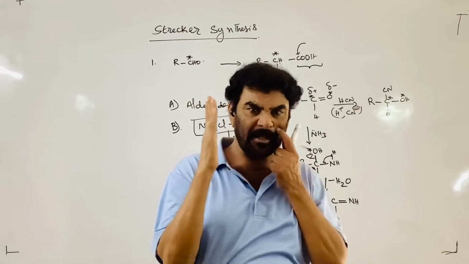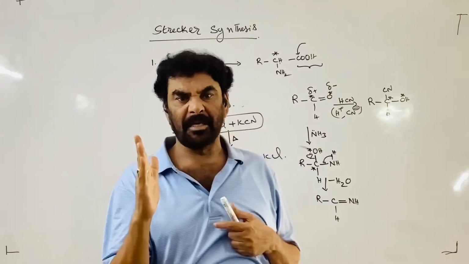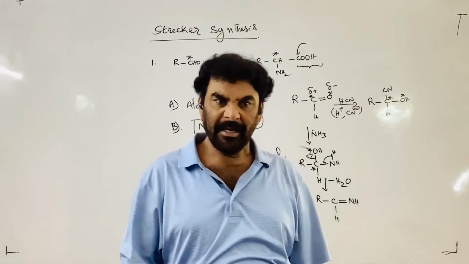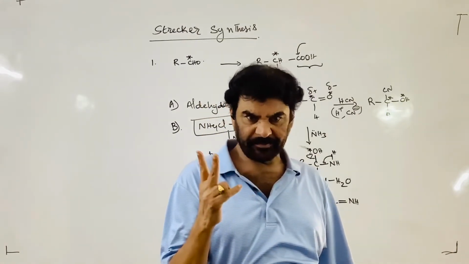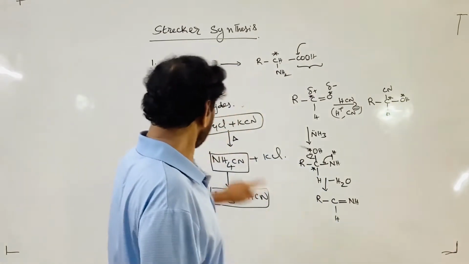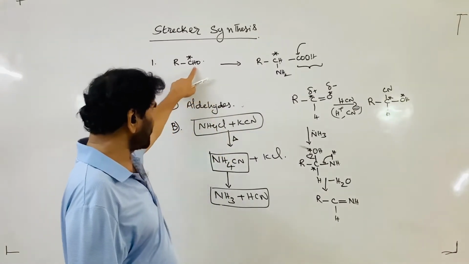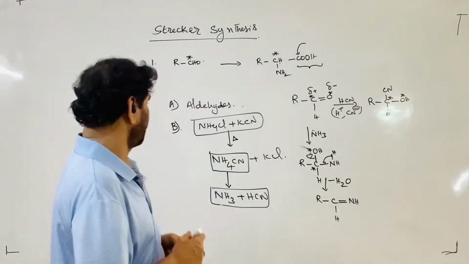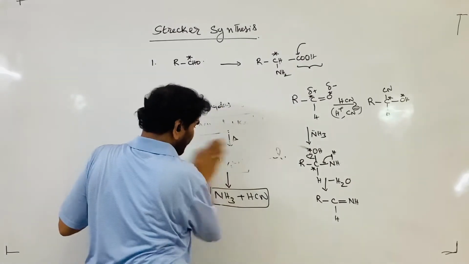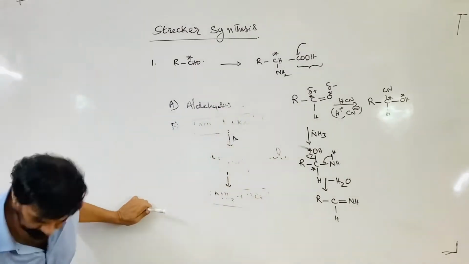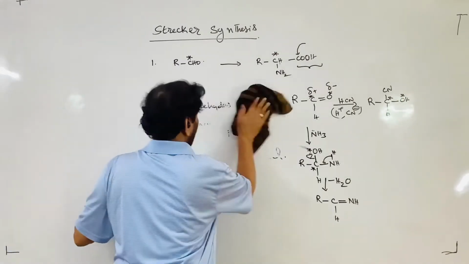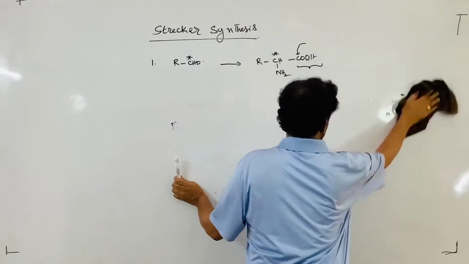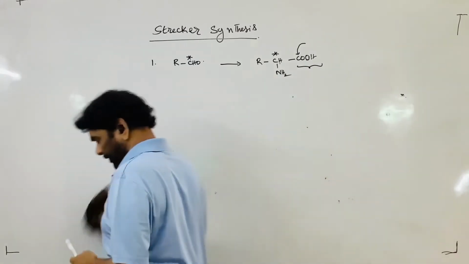Nitrile on hydrolysis produces the carboxylic acid, alpha amino carboxylic acid. It is a two-step reaction. In the first step, the aldehyde is converted to the aminonitrile. In the second step, on hydrolysis, the alpha amino carboxylic acid is produced.